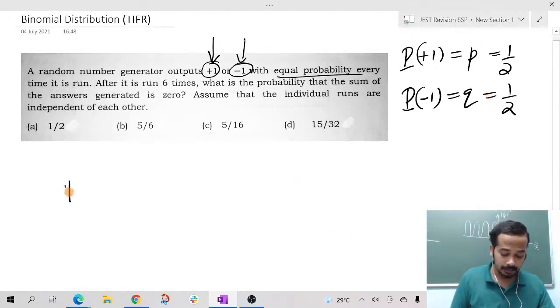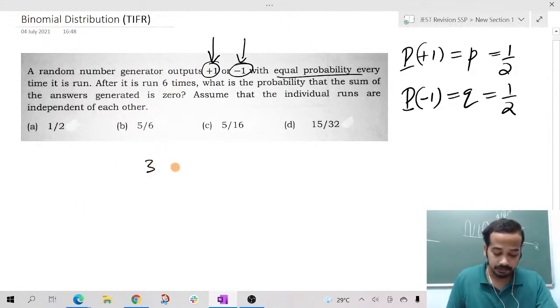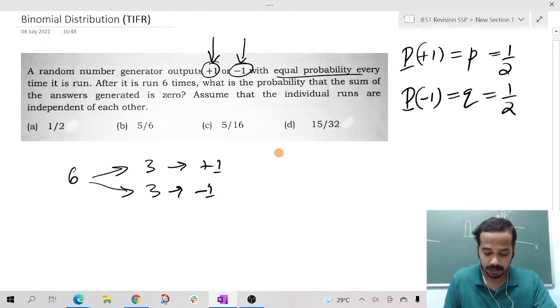So the probability after 6 runs of getting 0. When you have 6 runs, you definitely have 6 outputs. Among those 6 outputs, if 3 outputs are plus 1 and 3 outputs are minus 1, then the net answer is 0.